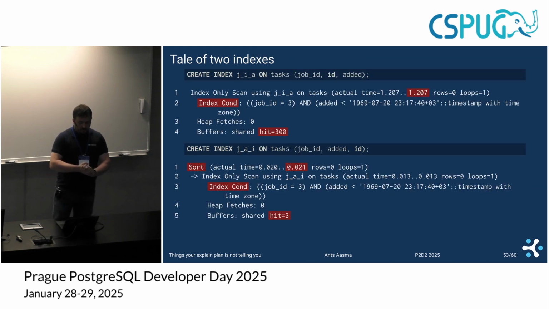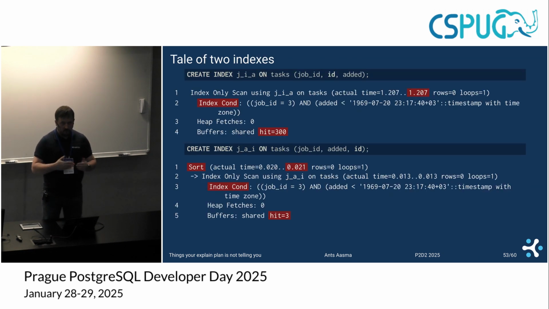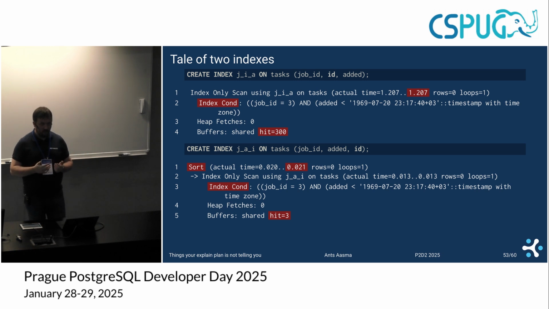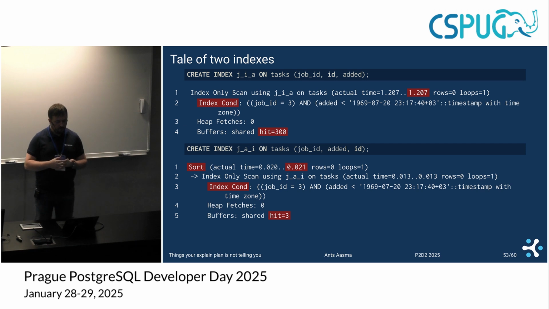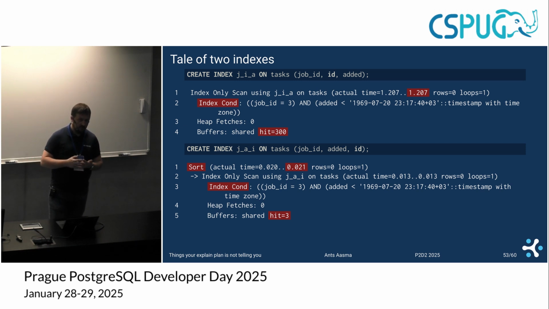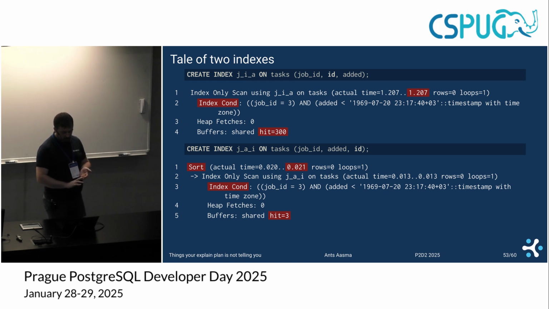So here are 2 options for the index. We can create a composite index that is sorted by multiple columns, and we can pick the order of the columns that we are using in this index. As a first step, we are doing an index based on job ID, and then the timestamp. And then the second case, we are doing job ID, timestamp, and then the ID column. And if you look at the resulting explain plans, we see a few differences between those 2.